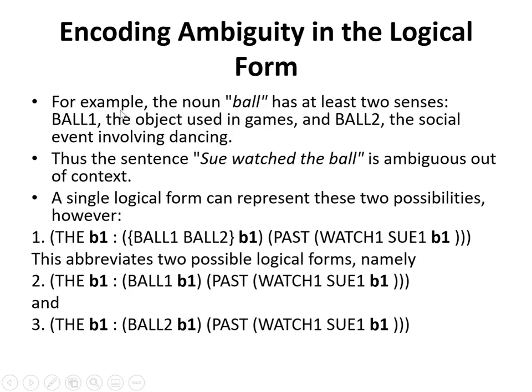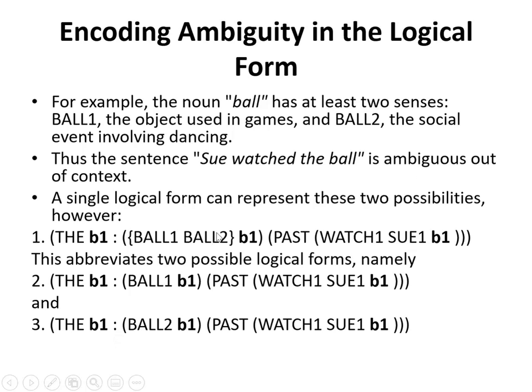For example, I gave you the example of ball in my previous lecture. The ball has at least two senses. What are they? The object used in games, which can be represented by ball 1, and ball 2, the social event involving dancing. Thus, the sentence, Sue was at the ball, is ambiguous out of context.